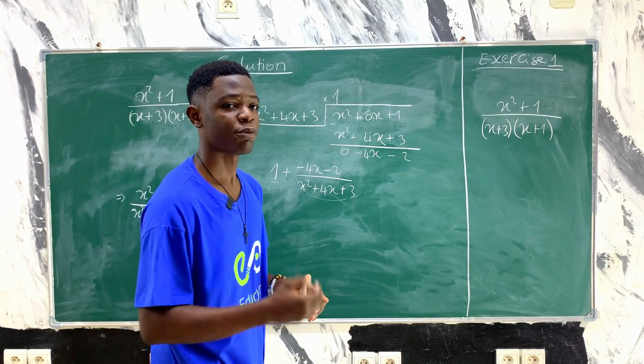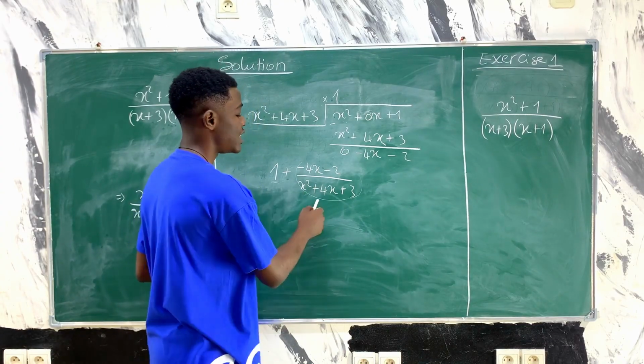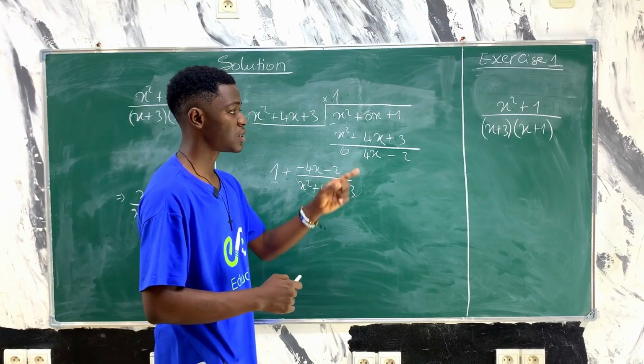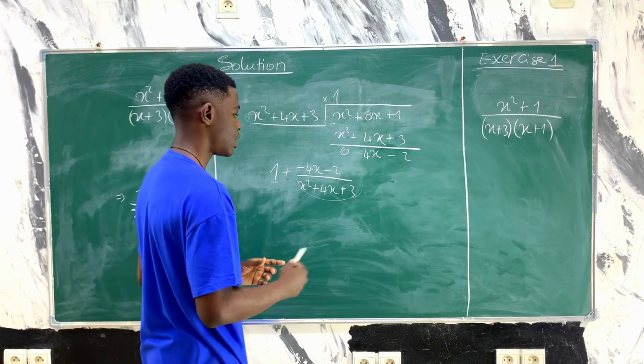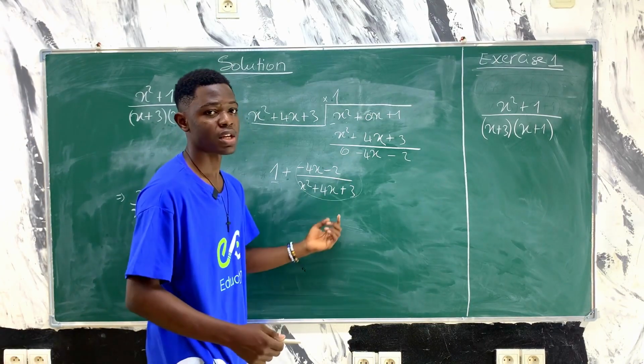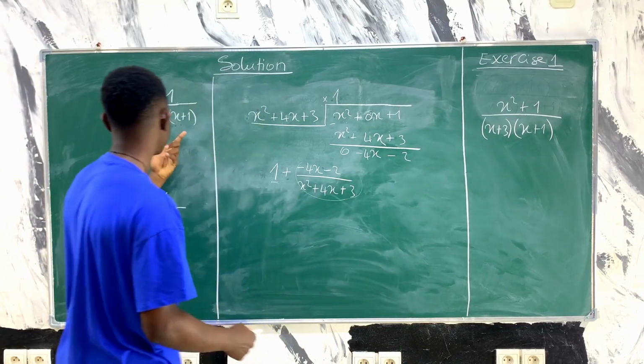The second step to solving partial fractions is you check if the denominator is factorized. That was the second step I wrote there. So from the second step, you can see that this is not factorized. You can factorize this. When you factorize this, you are going to have this.